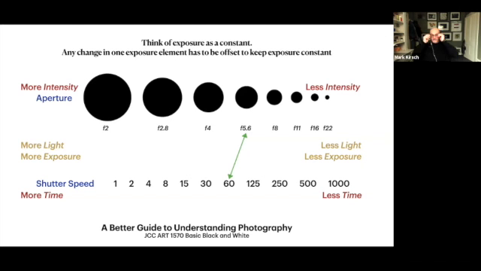And my meter is telling me that if I set my shutter speed at 60 and I set my aperture at 5.6, I'm going to be right at 0 on that scale. It's the perfect amount of light. Not too little, not too much. Okay, I can take the photograph and I'll be good.